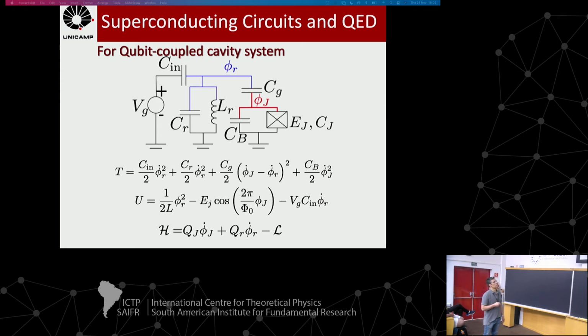And here we have our Josephson junction with the capacitive energy of the junction, plus an extra capacitor I put here to adjust the energy levels of my circuit. Okay? Then I can think of what's the phase I have in this part of my device, which I will call phi r, and what's the phase of the superconducting wave function in this part here, which I will call phi j. Okay?